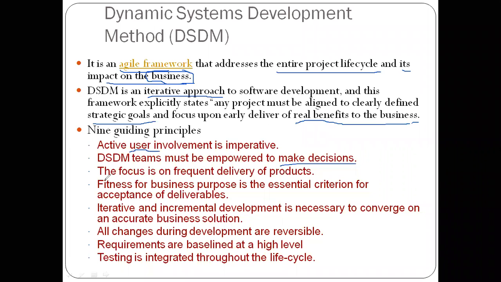And third, coming to the next one, the focus on frequent delivery of products. They deliver the products, which means some functions, frequently to show the customers. They also work in a rapid nature, which means a fast working nature, added to this particular DSDM.